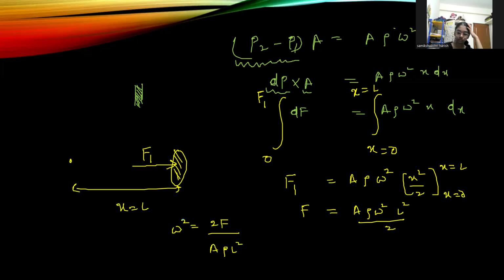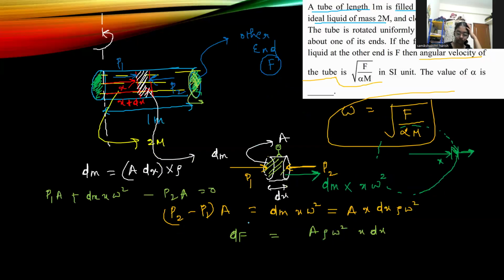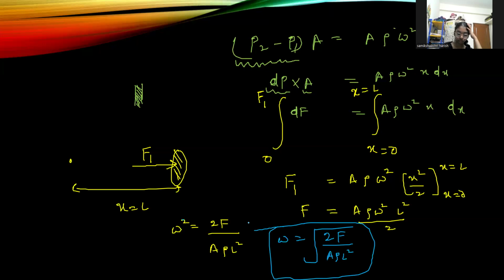Omega will be under root 2F by A rho L square. Now what they are asking: omega they have mentioned as under root F by alpha m.